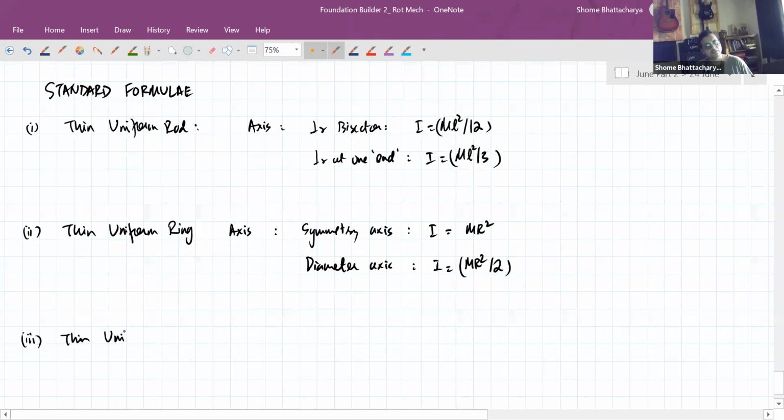And thin uniform disc, symmetry axis only, Mr square by 2.